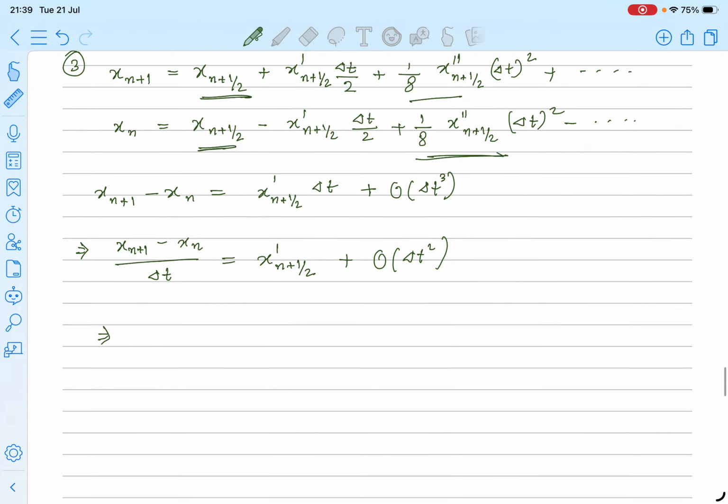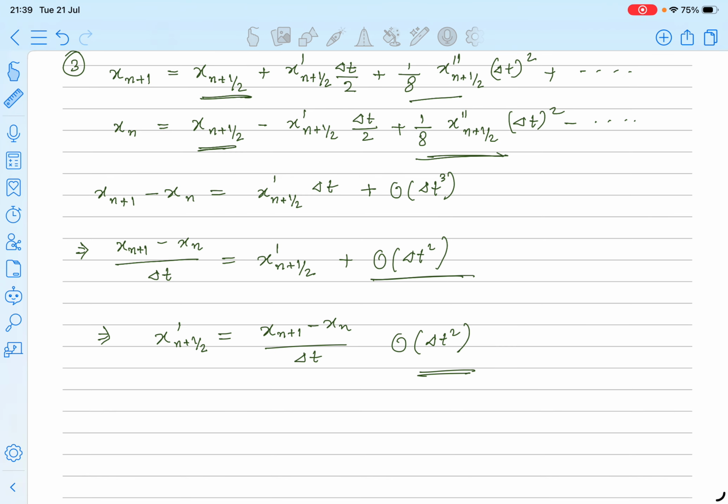So you can see that x' at n plus half equals (x_{n+1} minus x_n) by delta t, neglecting the terms till delta t squared. So that's why it is called second order centered difference approximation.